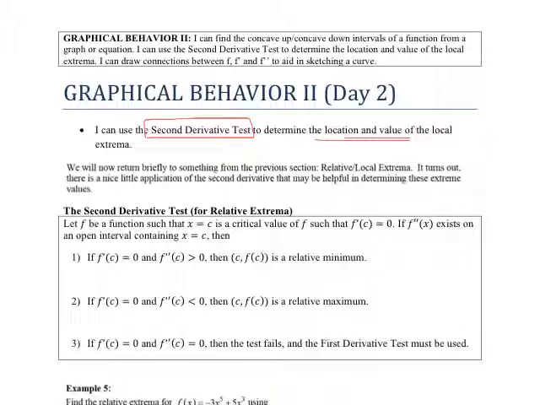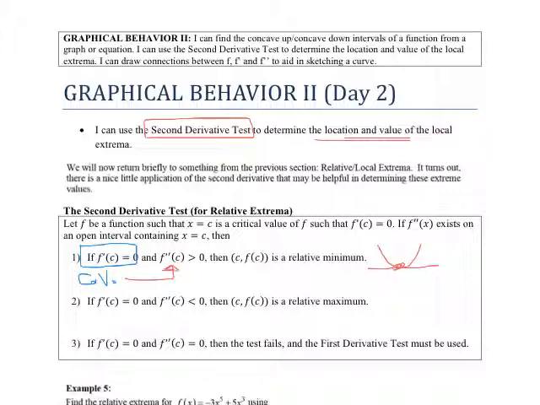The way the second derivative test runs is first we need to use the first derivative to identify the critical values. Once we know the critical values, we plug them into the second derivative. If the second derivative is positive, we have something that is both flat and concave up.